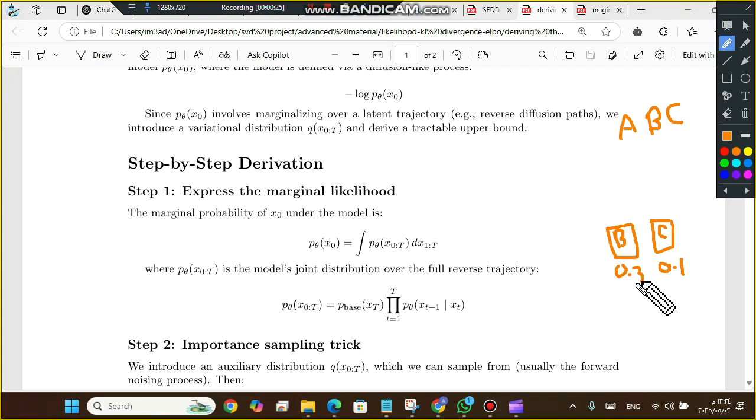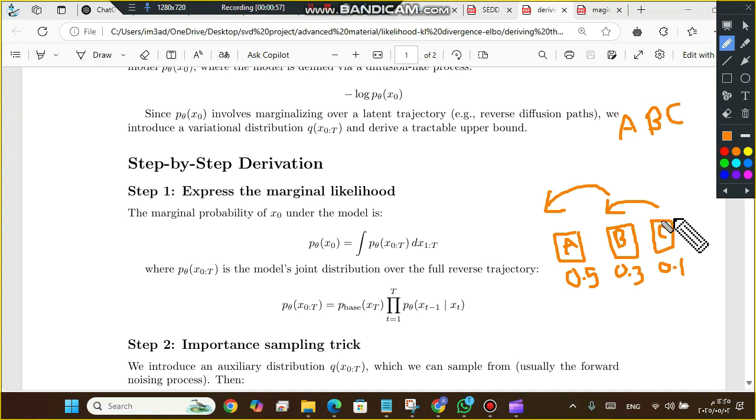Then the third step, let's say we have three steps, the probability of A is 0.5. Now, C, B, A is a path. So we call this a path. Right now, let's assume that we're doing backward diffusion.